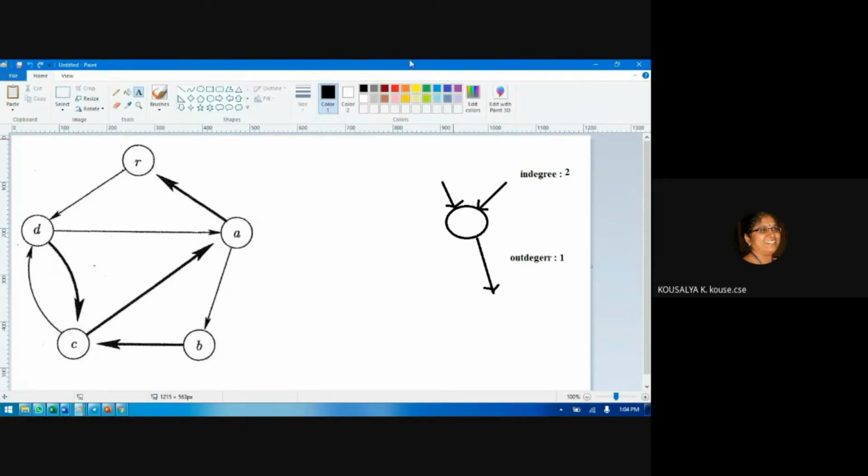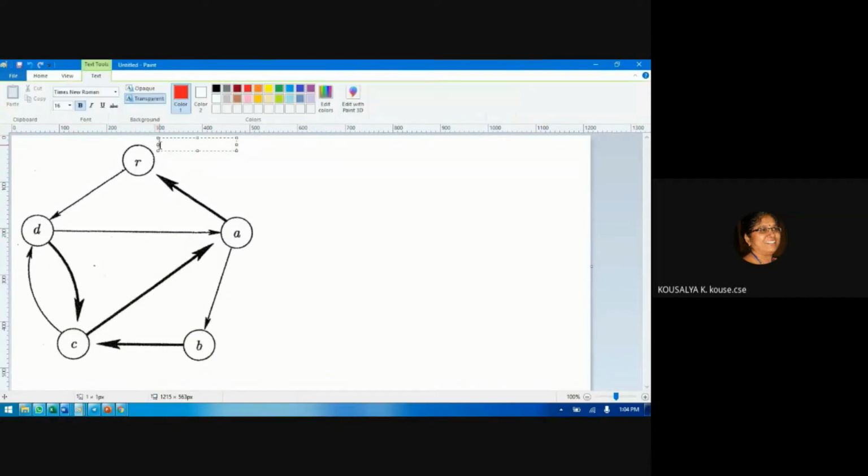Now you have to find out whether the graph has an Euler circuit or not. The first step is to find the in degree and out degree and check whether incoming and outgoing edges are the same. Here the in degree is 1, and here the in degree is 1.